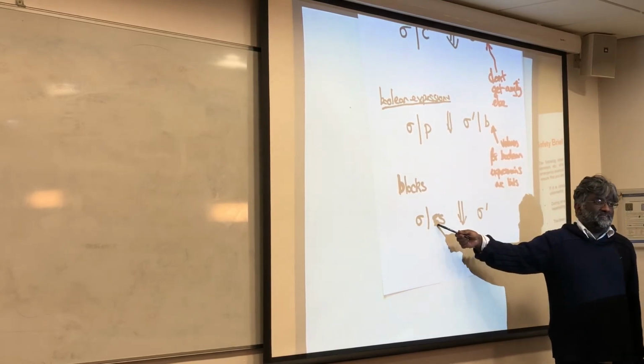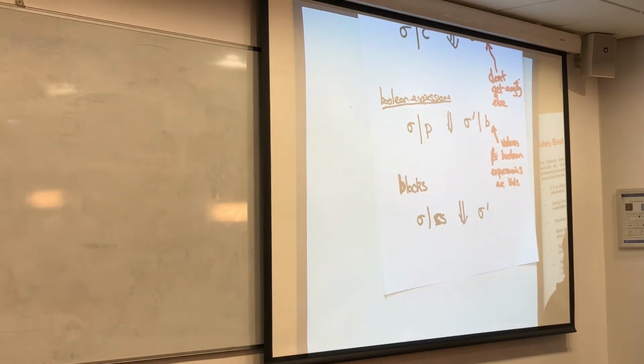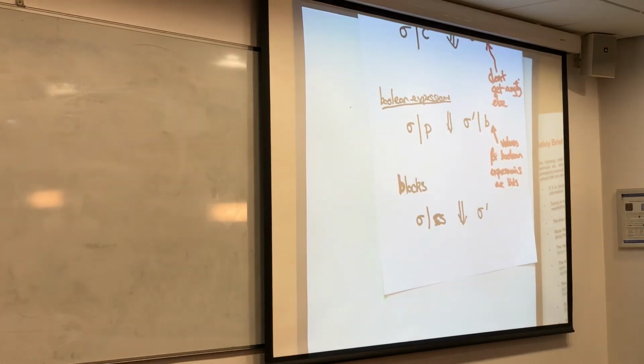That's a C, by the way. And I've written CS because a block is a list of commands, many commands, so it's pluralized. But it's just a variable. It's a convention about naming variables. Okay, so I've told you, reminded you, or pointed out to you, that we needed to generalize the judgment forms to have memories.